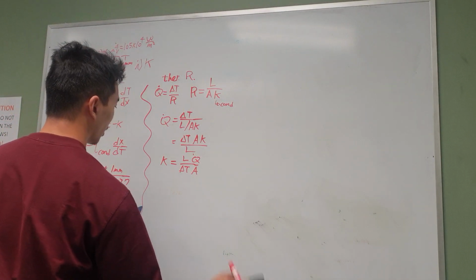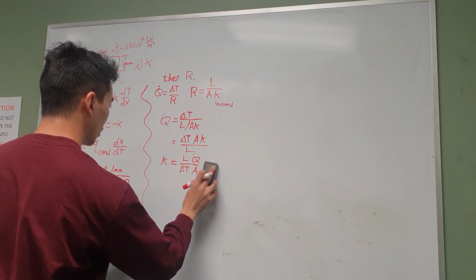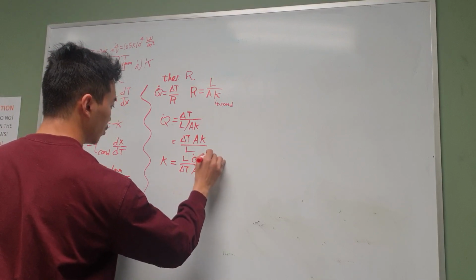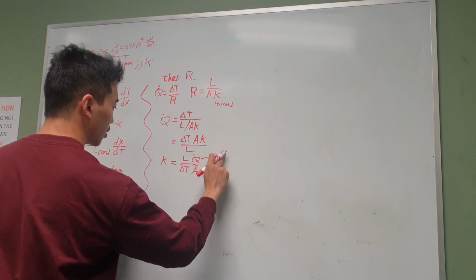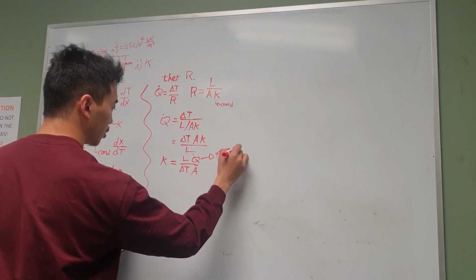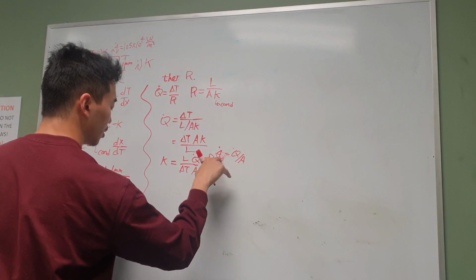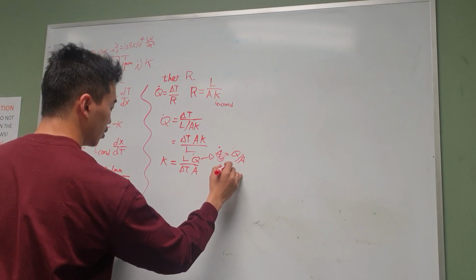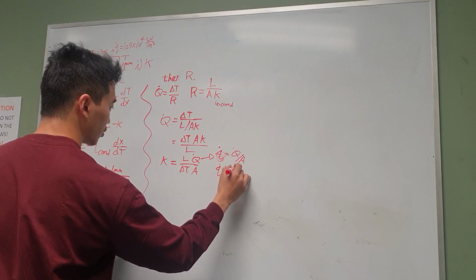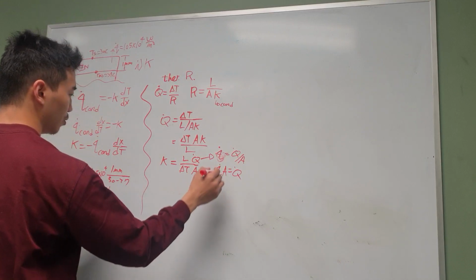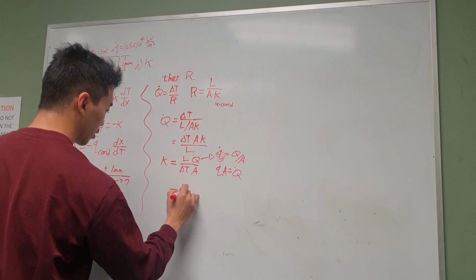It is to be noted that small q is actually big Q over A. That means small q times A is equal to big Q.